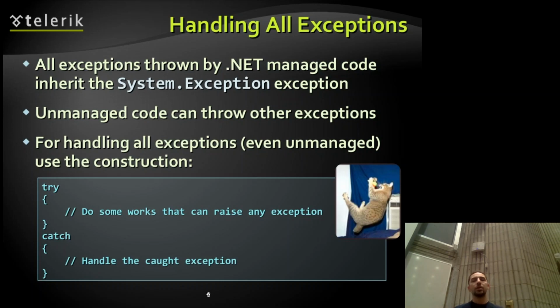It's managed. But you can still call unmanaged code, because lots of things are unmanaged, like serial ports. You can make a managed serial port class, but sometimes it's easier to just go into the raw DLL and extract that out and just call it. But unmanaged code can also throw exceptions. Okay, C++ can have unmanaged bits in it, and you can have exceptions thrown there. Catch will handle those as well.